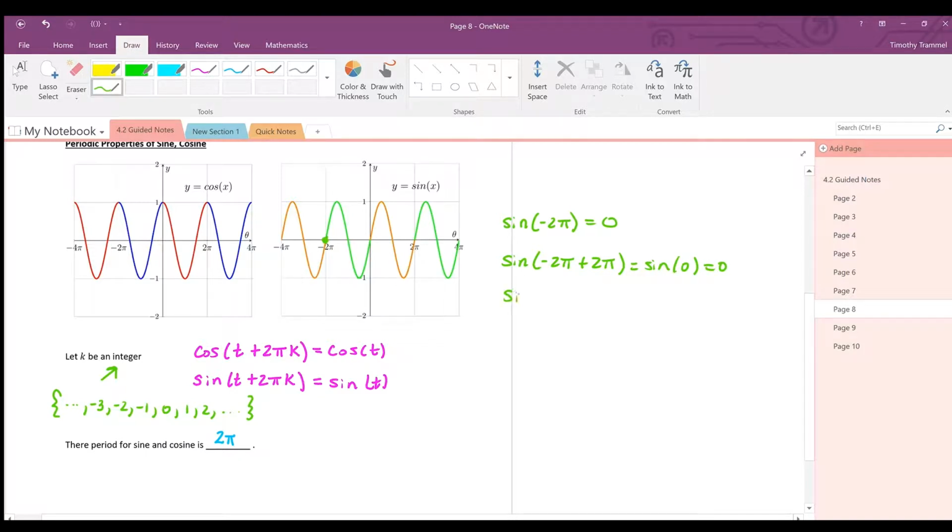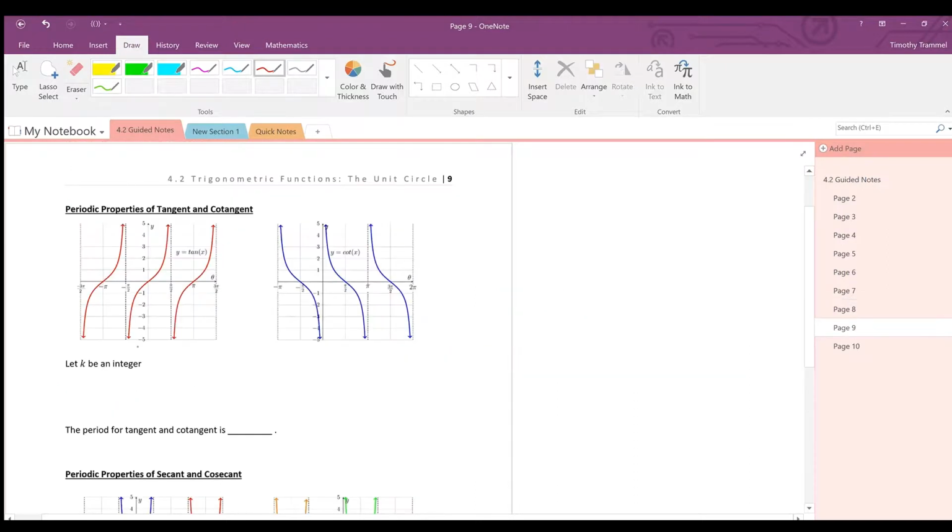But we could have also added a different multiple of 2 pi. We could have added 2 pi's, and that would give us sine of 2 pi. And if you look at the graph again, sine of 2 pi is also 0. So no matter what number I actually wrote here, that's why we have k written over here. Because no matter what k I use here, this is going to keep being 0.